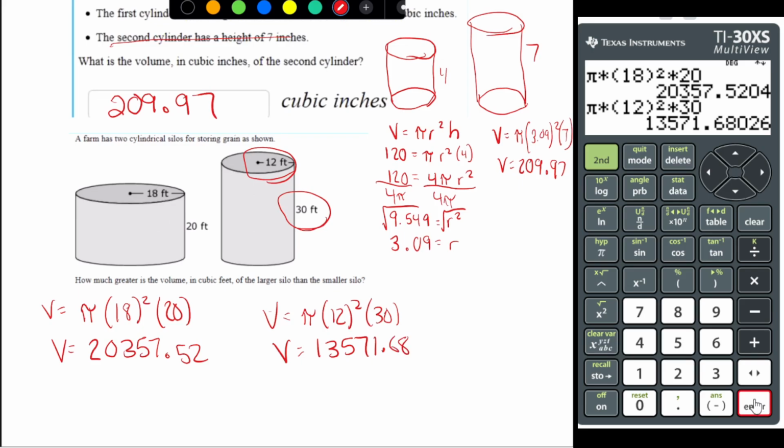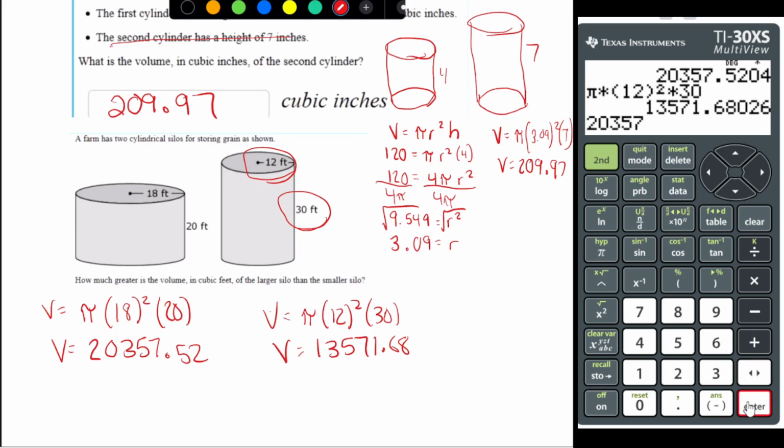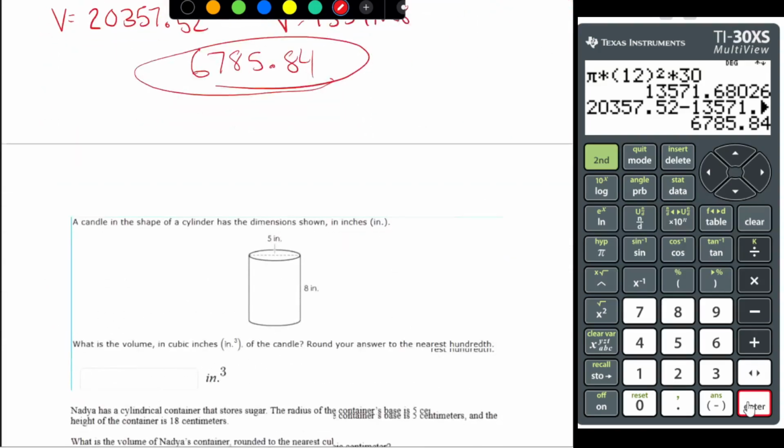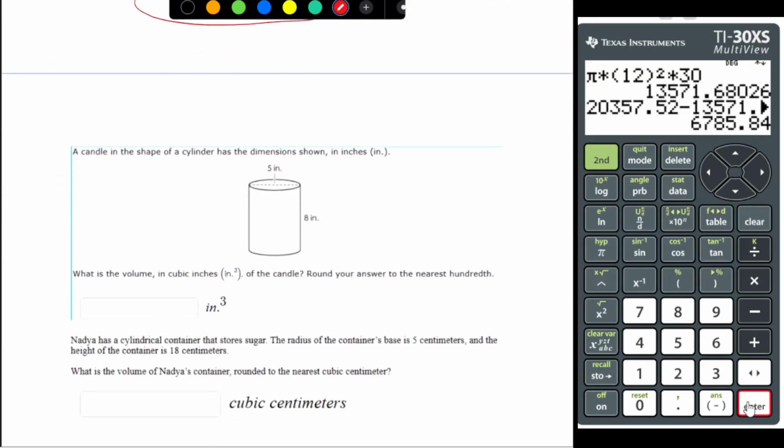Now it says how much greater in cubic feet is the larger silo than the smaller silo. So we take the larger one, 20,357.52, minus the smaller one, 13,571.68, and you get 6,785.84. Can we get something less wild, please?